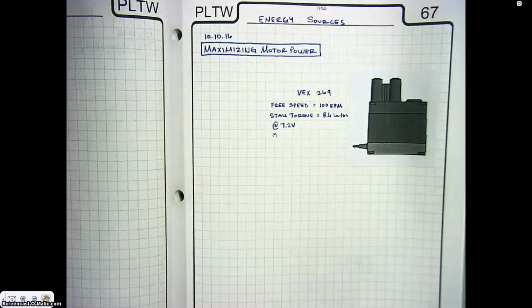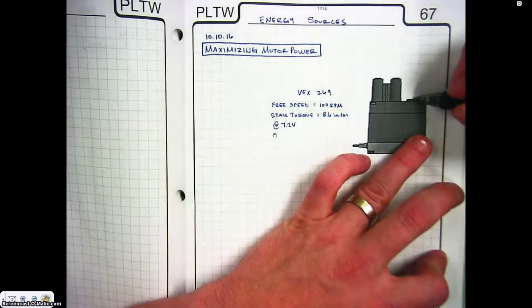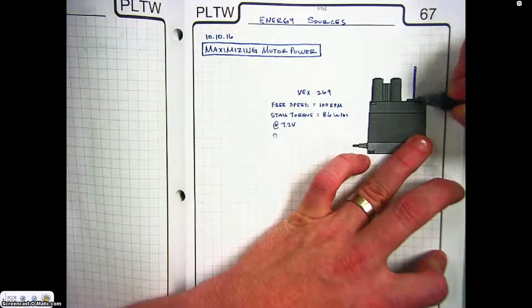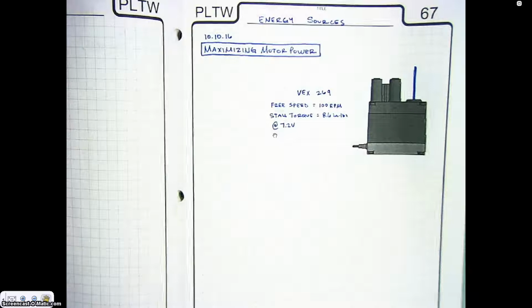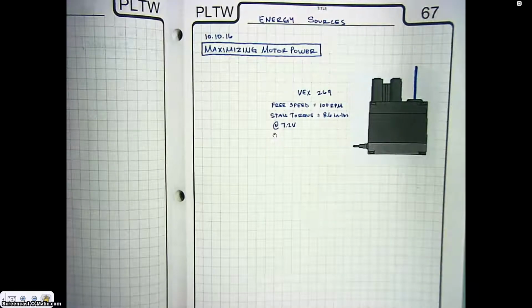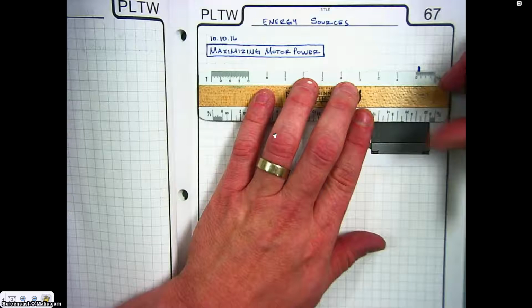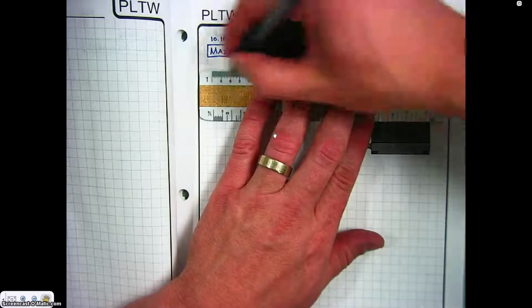The next thing we're going to do is draw an axle coming out of this motor for the purpose of our example here. And then I'm going to draw a lever arm coming off of the motor. I'm just going to draw a straight line here.